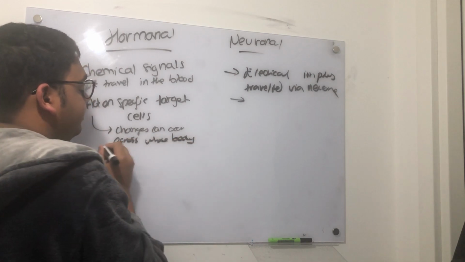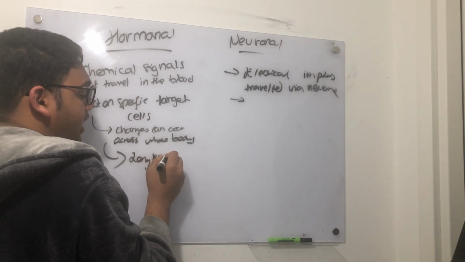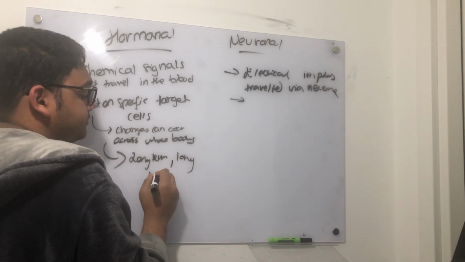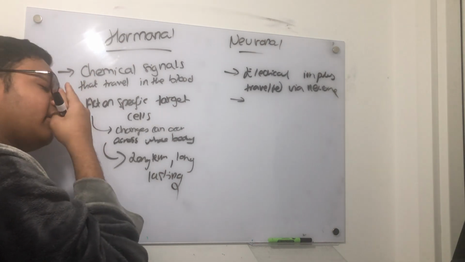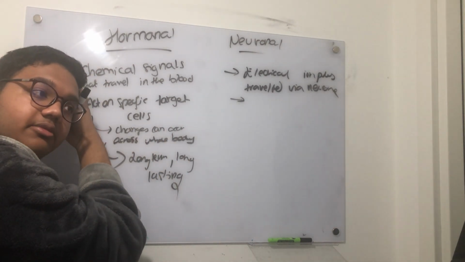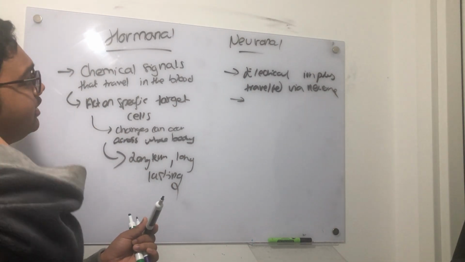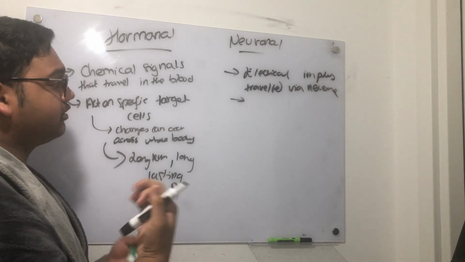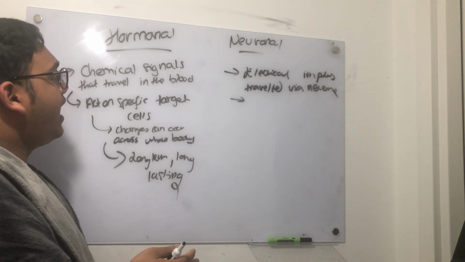And they also tend to be long-term and also long-lasting. If you think about puberty, for example, around the ages of 10 or 11, the body starts releasing testosterone. And that's a hormone that effectively regulates the growth of pubic hair or the development of sexual organs.